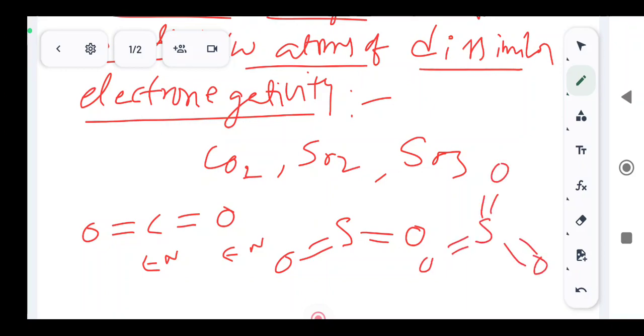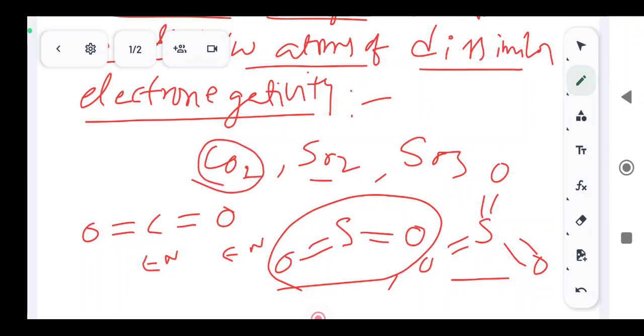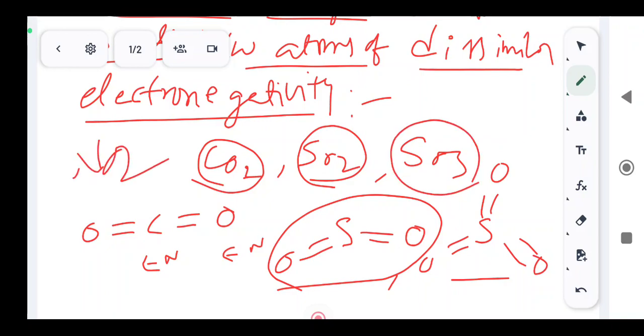Sulfur and oxygen also have different electronegativities. So in these three compounds, multiple bonds between atoms of dissimilar elements make them Lewis acids. Carbon dioxide is a Lewis acid, SO2 also, SO3 also, NO2 also. Where a multiple bond between dissimilar atoms is there, those molecules are also Lewis acids.